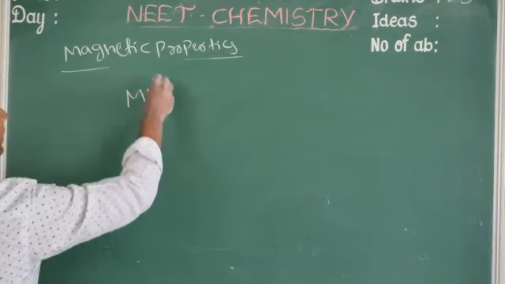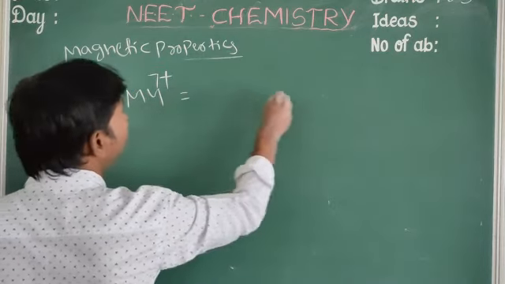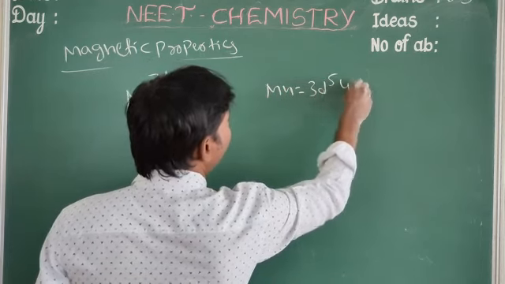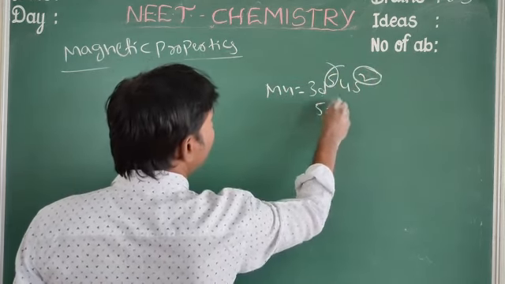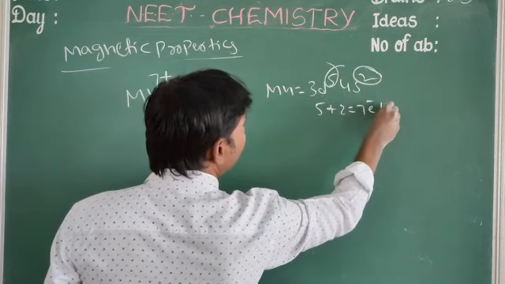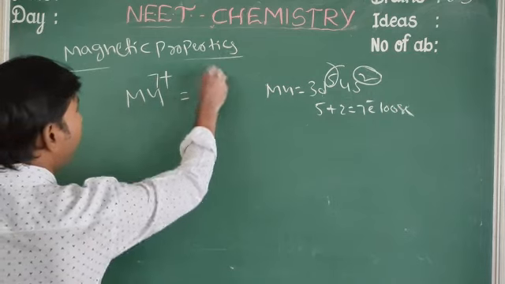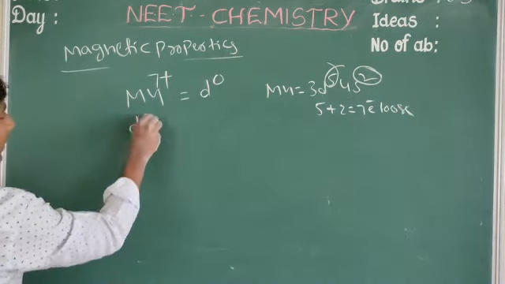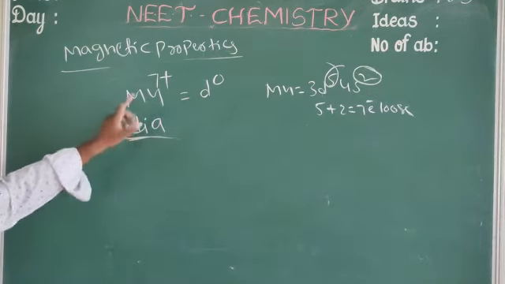Next, manganese 7+. Manganese configuration 3d5 4s2. From here 2 and from here 5, total 5 plus 2, 7 electrons lost. Manganese 7+ means d0. D0 means it should be diamagnetic.